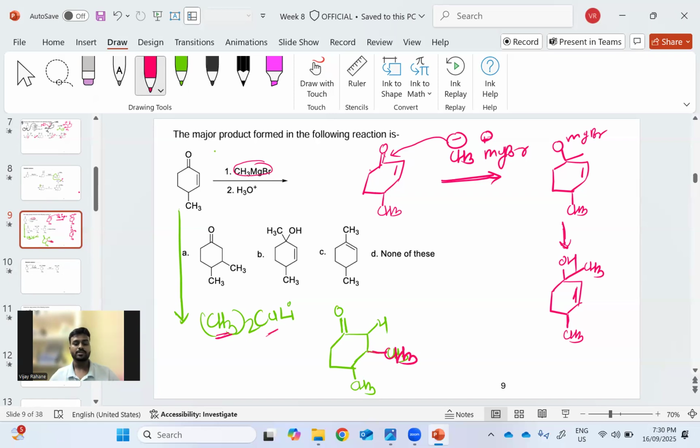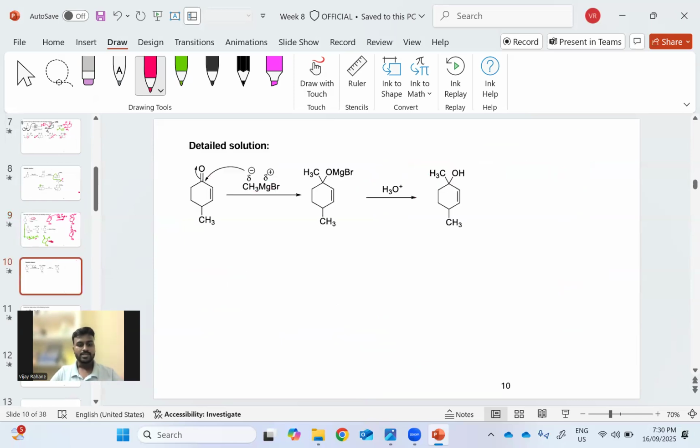Because of this copper, it acts as a soft nucleophile. This type of question we have also seen last week. You can refer to the mechanism from here. In case of the magnesium, the addition will be in the 1-2 fashion.